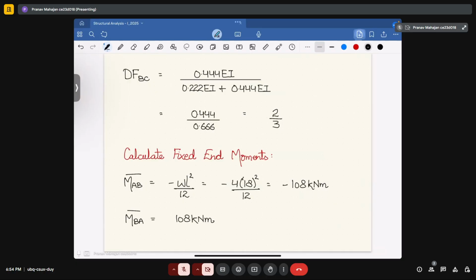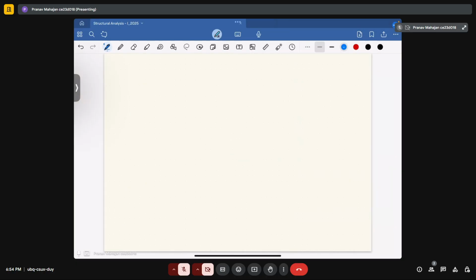If I talk about M of BC and M of CB, that will come out to be equal to 0. Now again make the chart for different joint members, distribution factor and fixed end moments.